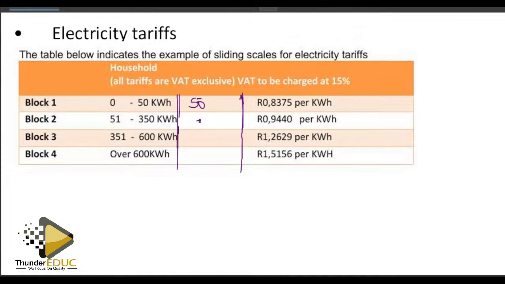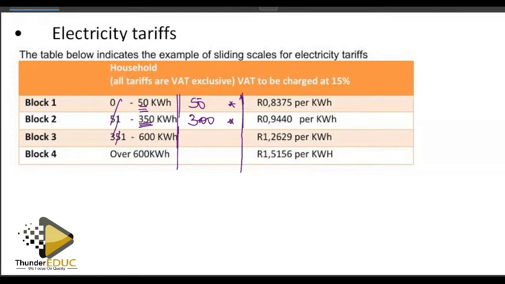How would you know how many kilowatts are needed in block number 2? We say 350 minus 50, ignoring the left-hand side, which becomes 300. So if someone has used 250, the 50 will be here, and the 200 will be in the next block.